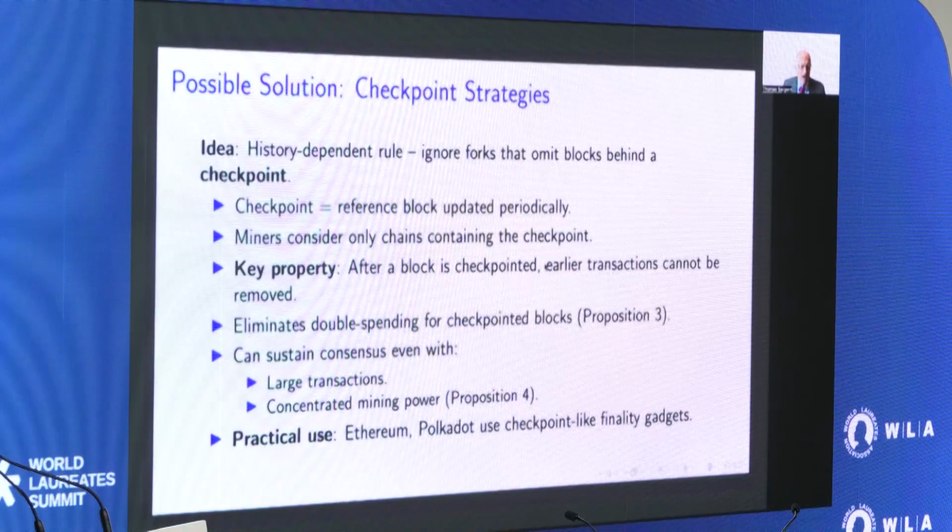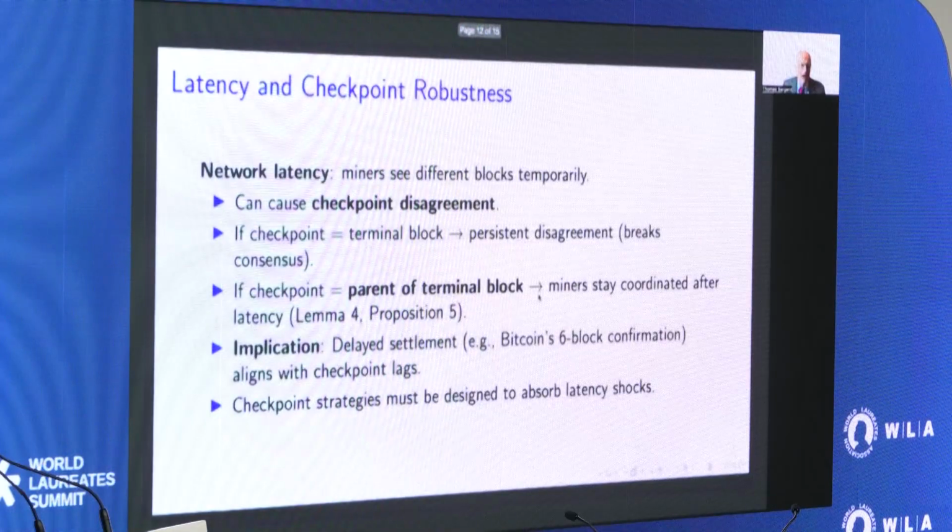So large transactions and concentrated mining power become less of a threat. The truth is that they have a theoretical explanation for why Ethereum and Polkadot actually use checkpoint-like gadgets to try to fix this vulnerability. There's something called latency, which is an additional difficulty.